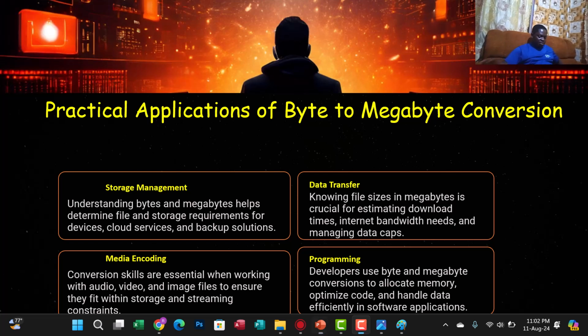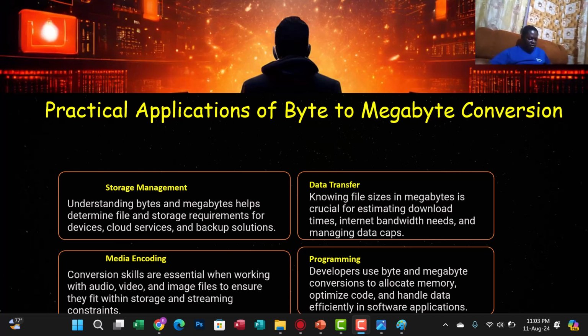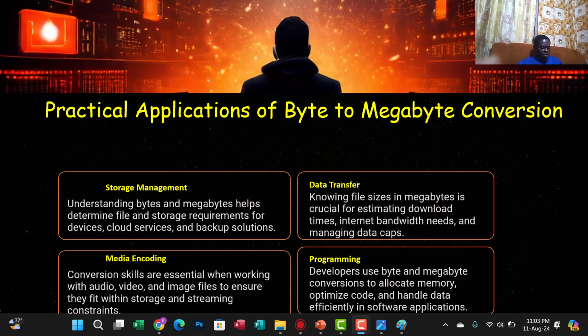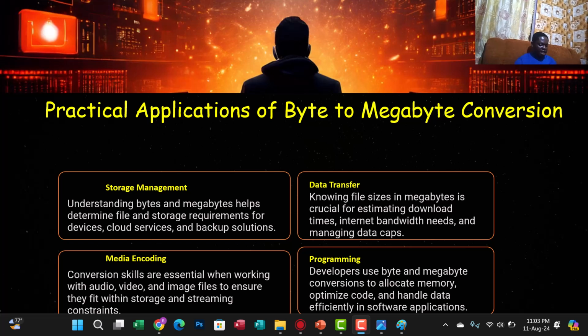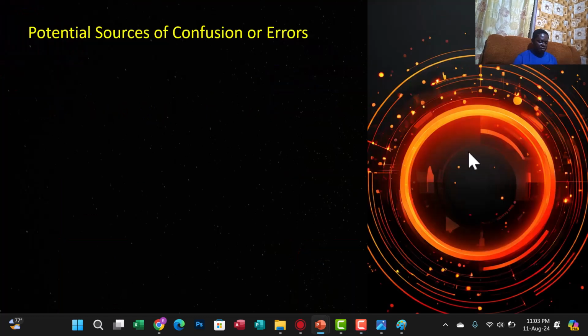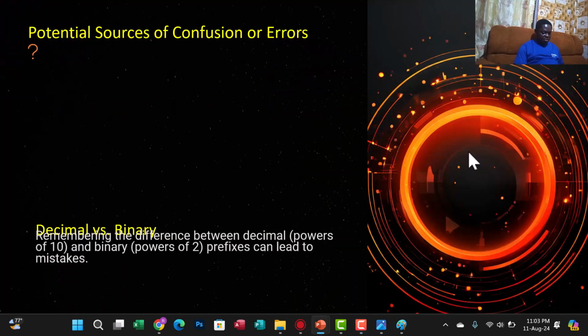Then programming. For programming, developers use byte and megabyte conversion to allocate memory sizes, code, and handle data efficiently in software applications when they are developing it.